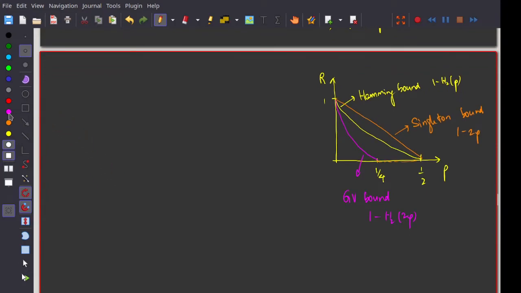So now if I go back, the Plotkin bound says that the rate is equal to 0 in this entire region.